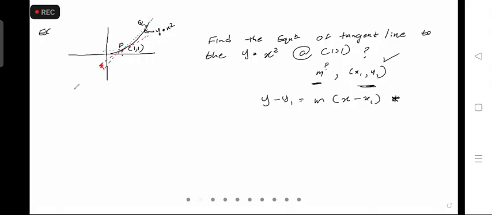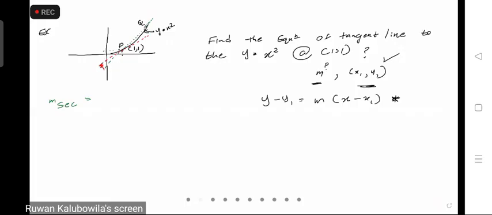So let's handle this first. I will write m secant. That means first I draw a line in green color here between P and Q. I need to know the gradient of this line.